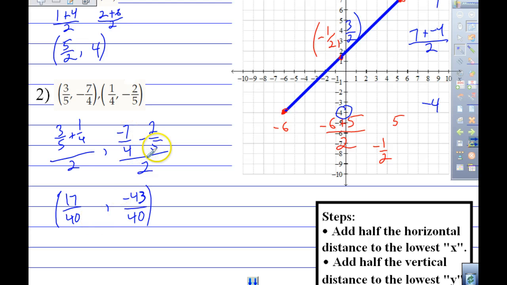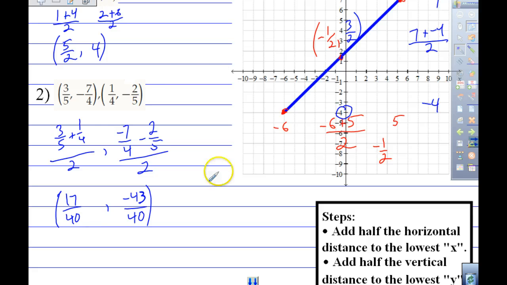Negative 39. 12 plus 5, 17. Is it right? That's correct. Okay. Thank you.